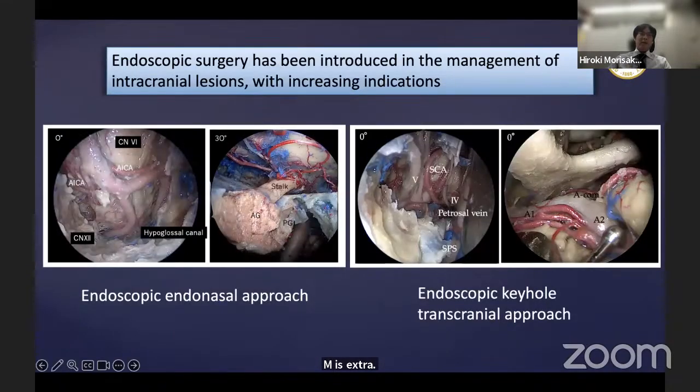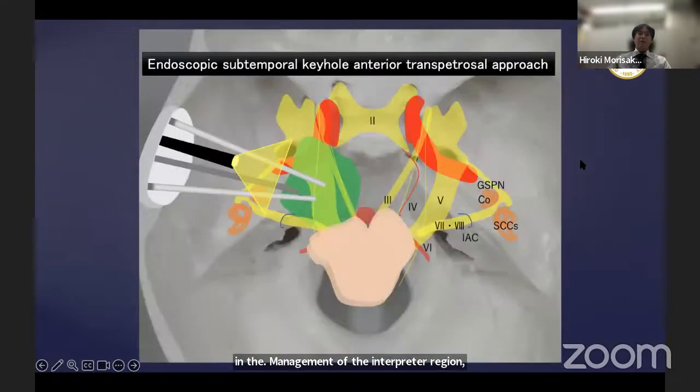And currently, endoscopic surgery has been introduced in the management of intracranial lesions, with increasing indications. So my topic today is the endoscopic subtemporal keyhole anterior transpetrosal approach.